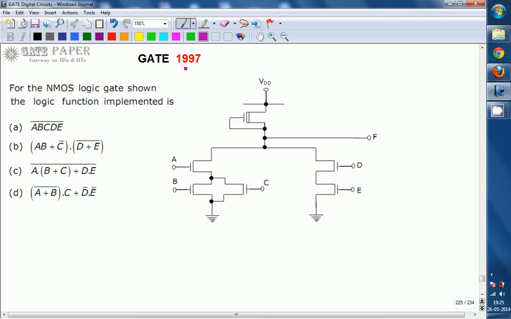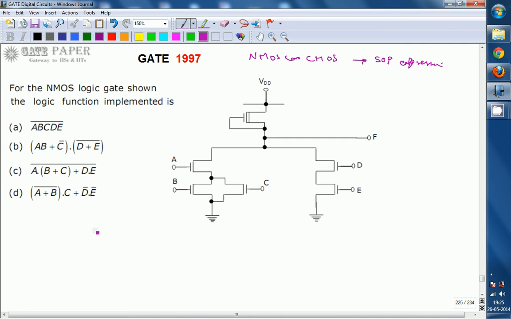This is an NMOS realization of a logic gate. So remember that whether it is NMOS or CMOS logic circuits, they are going to be implementing a sum of products expression, an SOP expression.